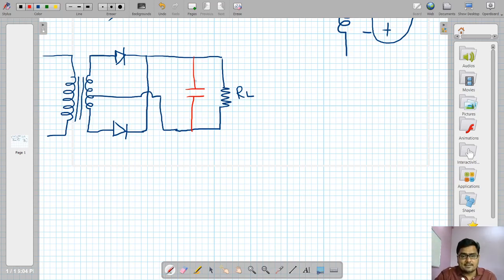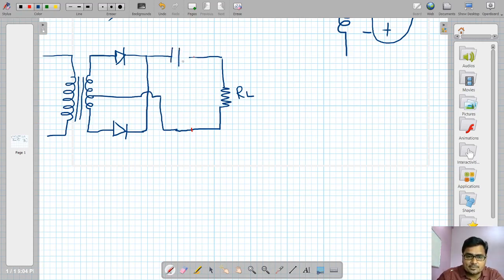If I connect the capacitor in series, let's check what will happen. Now I am going to connect a capacitor in series.